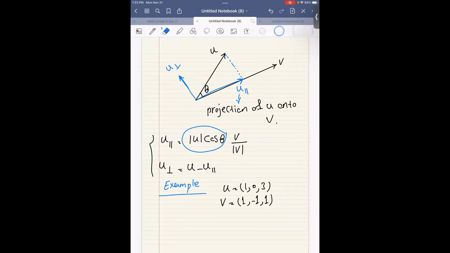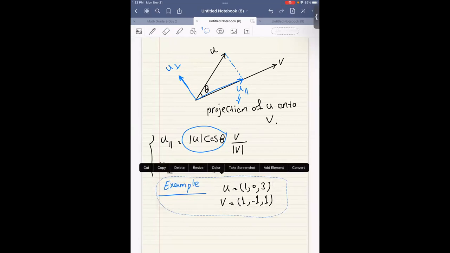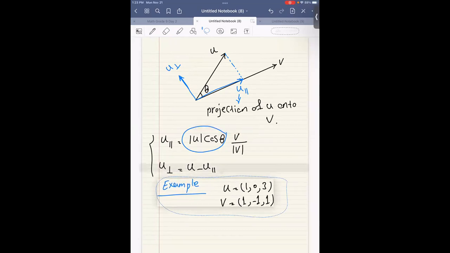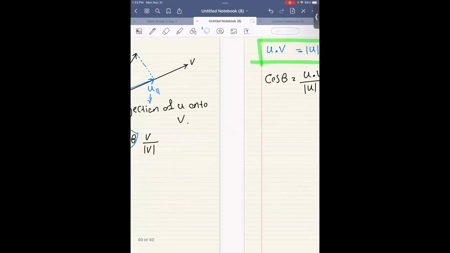So before doing this example, I can do it later, but we will do it. I post it here.